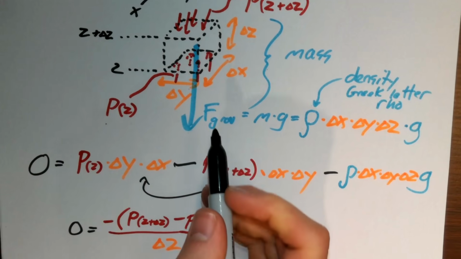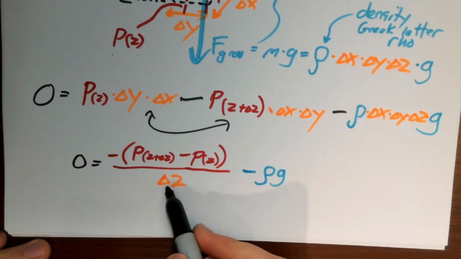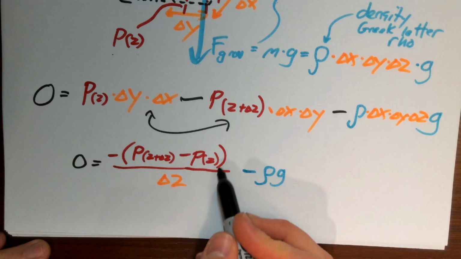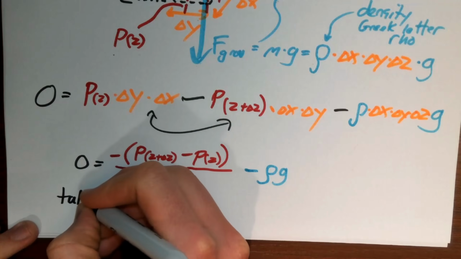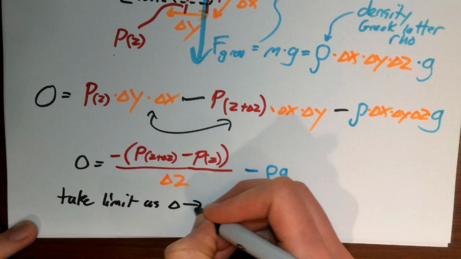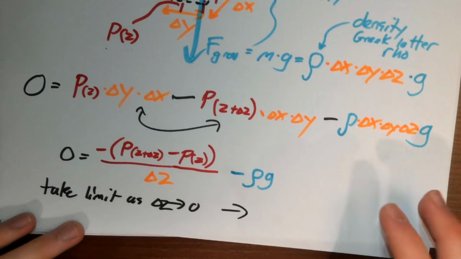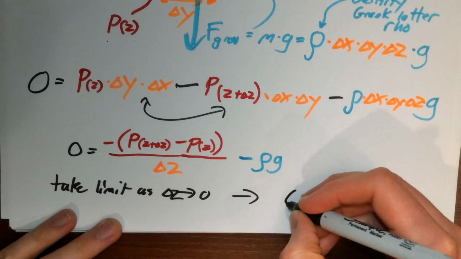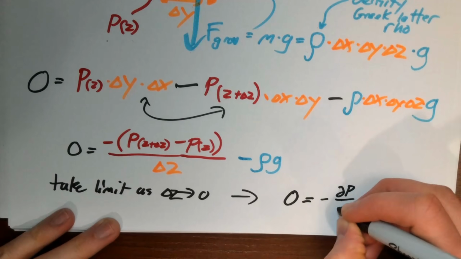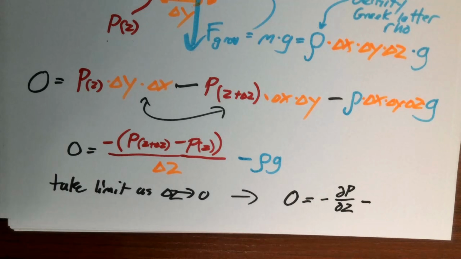If I take the limit, you might be looking, hey, wait a second, this is looking awfully calculus-y, Professor Lannon. I would be like, yes, it is, indeed. So if we take limits as delta z goes to 0, then we arrive at this expression here, which is 0 is equal to minus dp dz minus rho g.